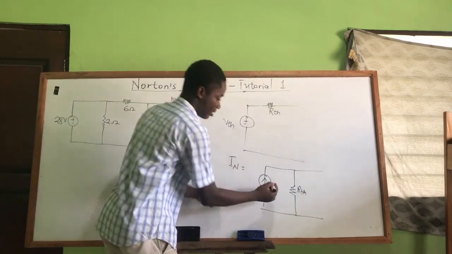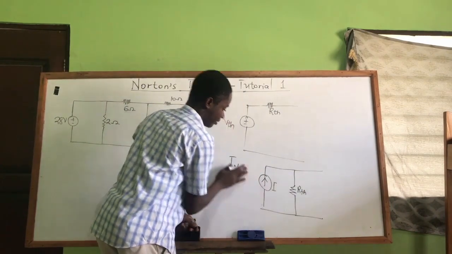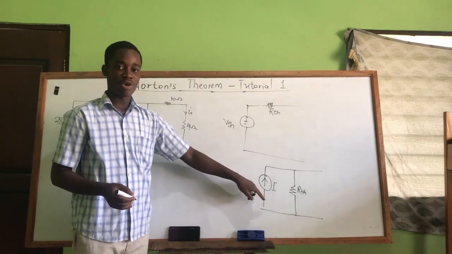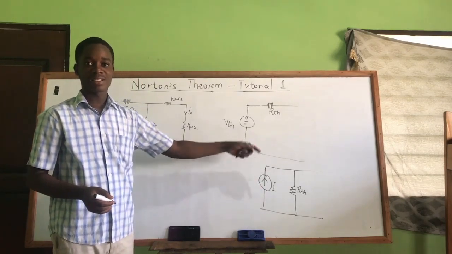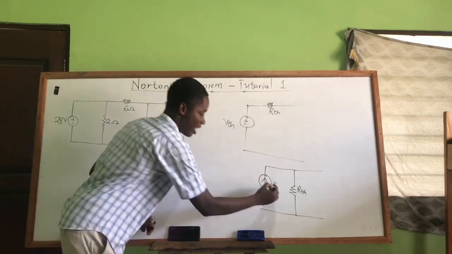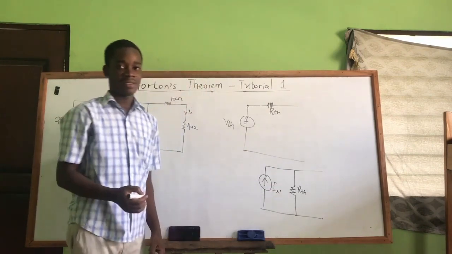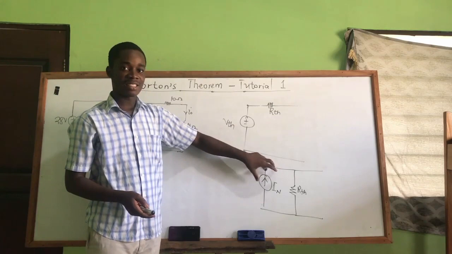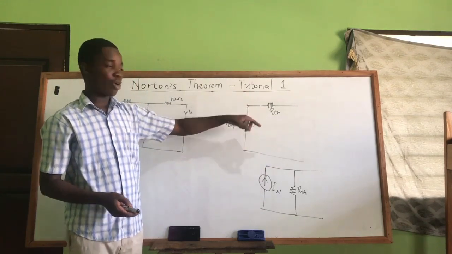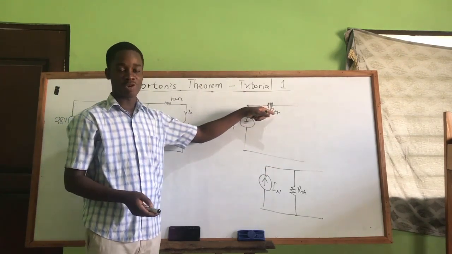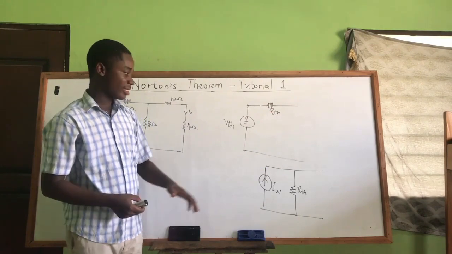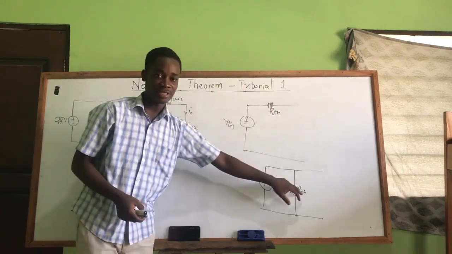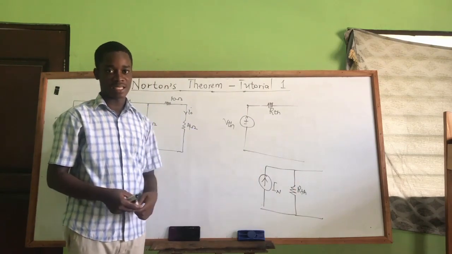And now we have a current source I. That current source here is going to be our Norton's current, IN. So we can easily say that Norton's equivalent circuit is the source transformation of Thevenin's equivalent circuit, or vice versa. That is, Thevenin's equivalent circuit is also the source transformation of Norton's equivalent circuit.